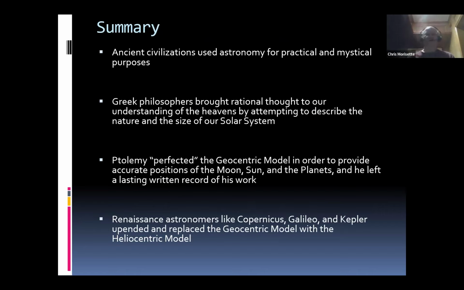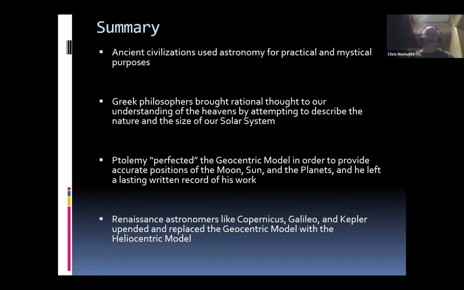So to quickly go through this, we start out with ancient civilizations using astronomy for practical and mystical purposes. Greek philosophers brought rational thought to our understanding of the heavens by attempting to describe the nature and size of our solar system.